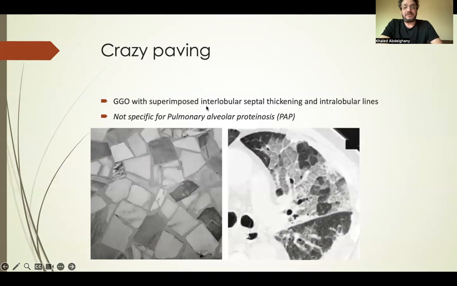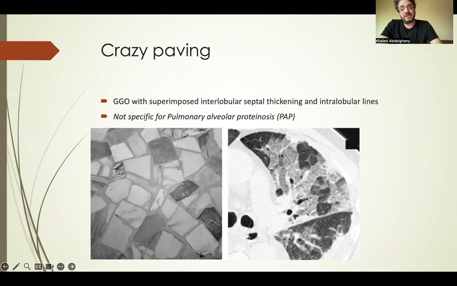Another mimicker is the crazy paving. It's bounding of the secondary pulmonary lobule by interlobular septal thickening, but the presence of ground glass within the secondary pulmonary lobules gives an appearance similar to crazy paving. It occurs in this pattern.